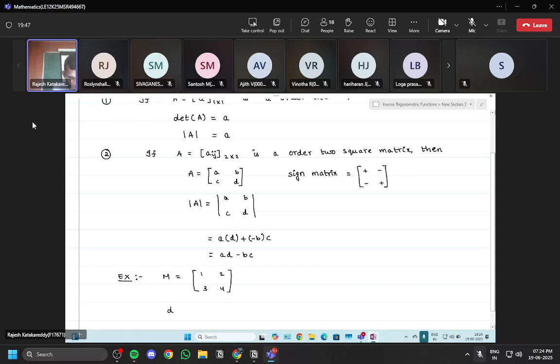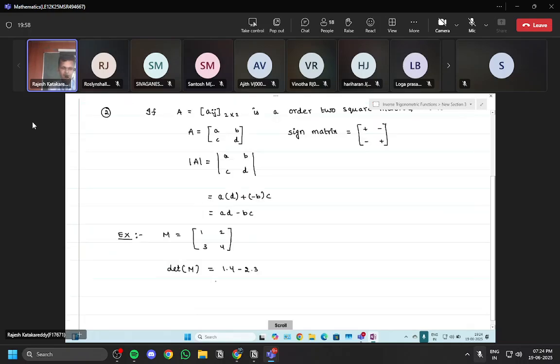Determinant of matrix M, denoted by det of M, is equals to 1 into 4 minus 2 into 3, which will be equals to 4 minus 6, that is minus 2 here, right? Determinant of a matrix is a scalar quantity, right? I think everybody copied this one. Can I scroll up? Anybody writing that?